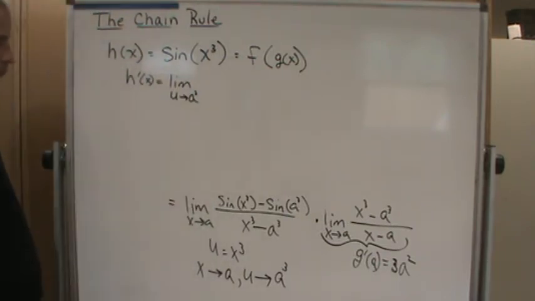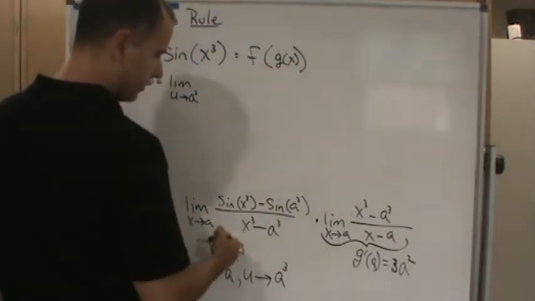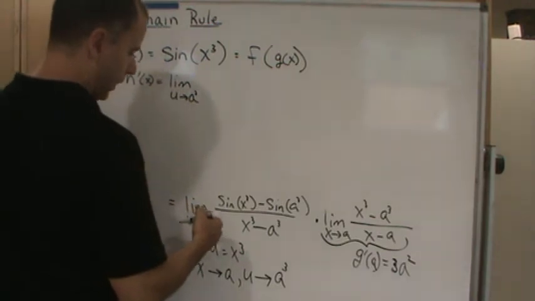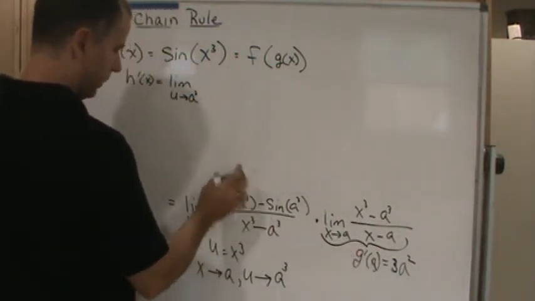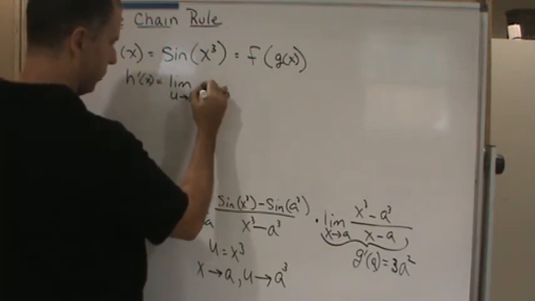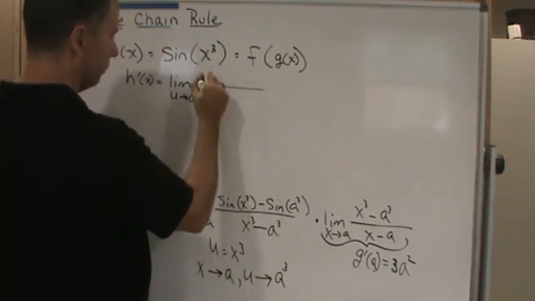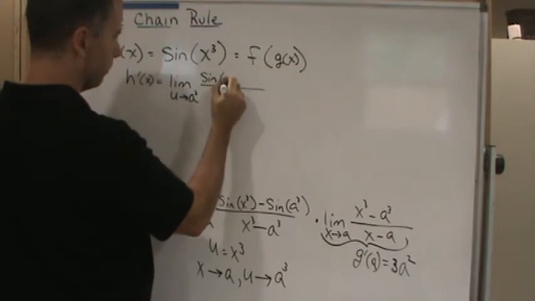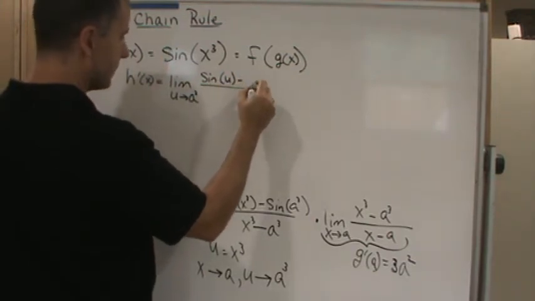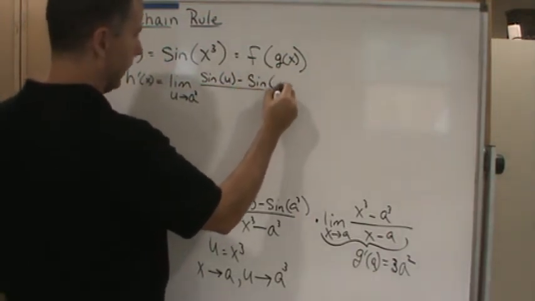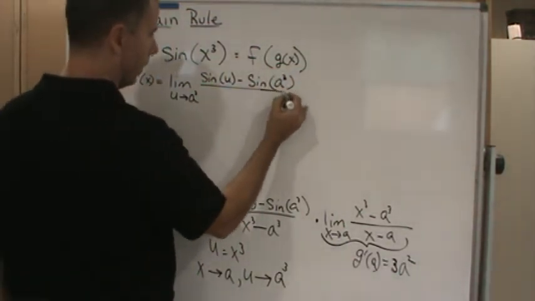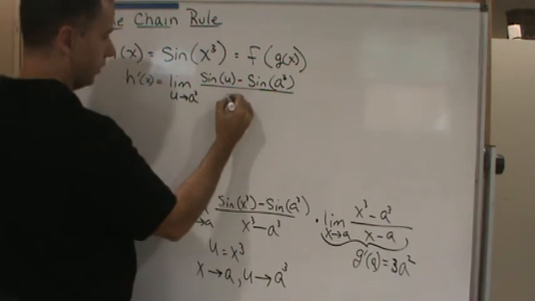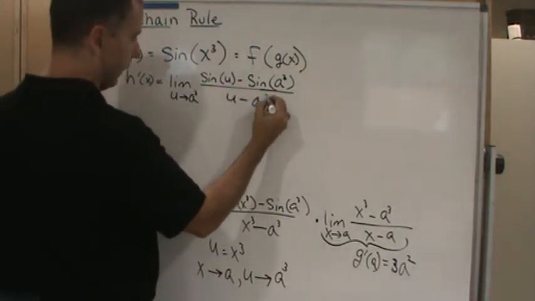Let's focus on this limit: it's sine of u minus sine of a cubed, over u minus a cubed.